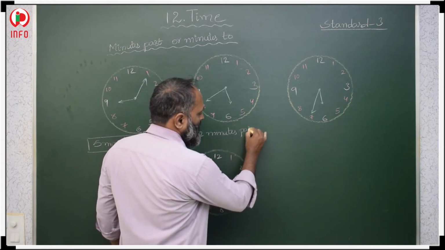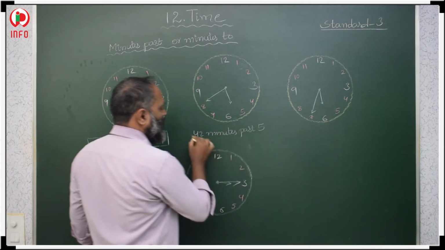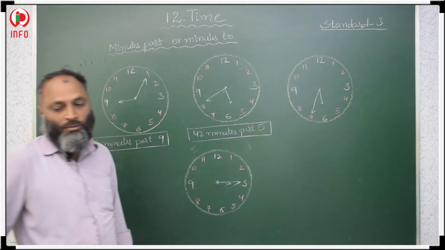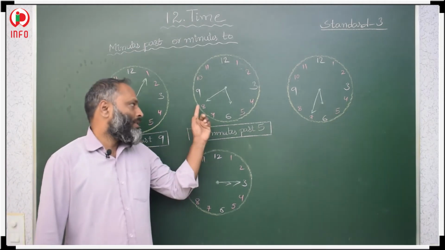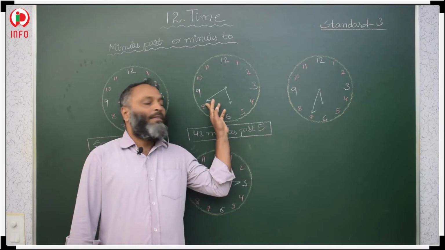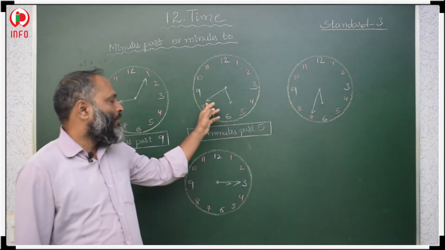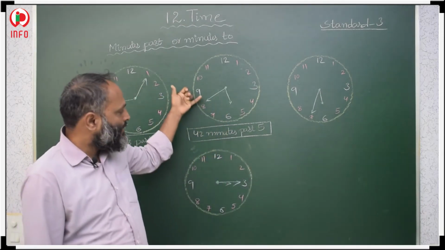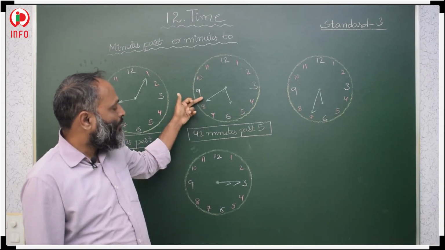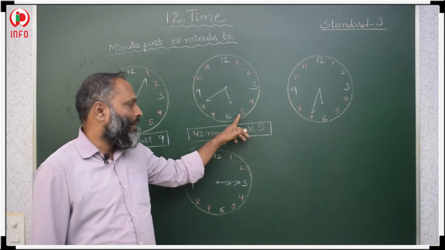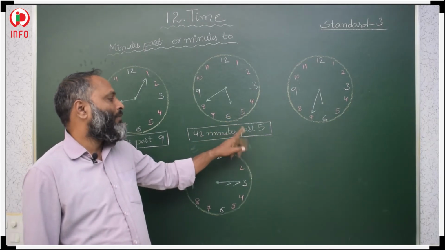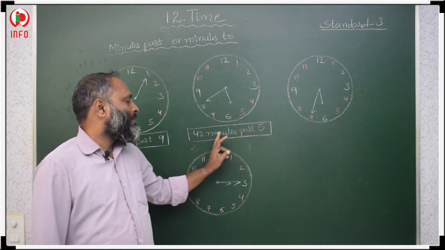It is not exactly on 8, it is 2 minutes more. The hour hand is not at 6, it is crossing 5, so 5 only we have to take. So 42 minutes past 5.